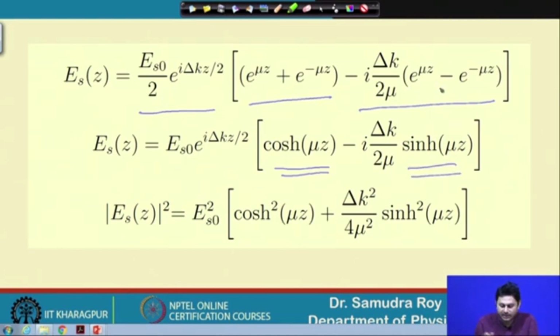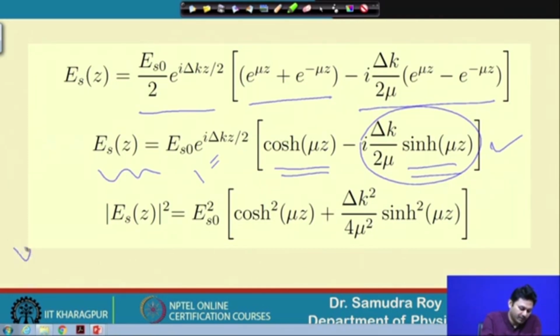So, eventually I have E_s(z) as this quantity, one cosh and one sinh. If you note carefully, if I put delta k equal to 0, this term will not be there, and this term will be 1. So, we will have E_s(0) cosh mu z, and inside the mu, again the delta k term will be 0. So, we will have g z, which is exactly the same expression that we derived by considering delta k equal to 0.